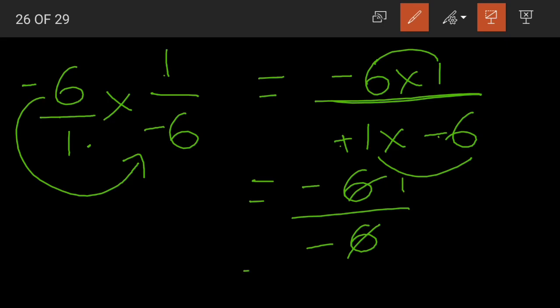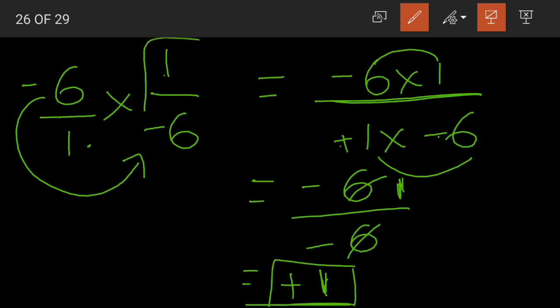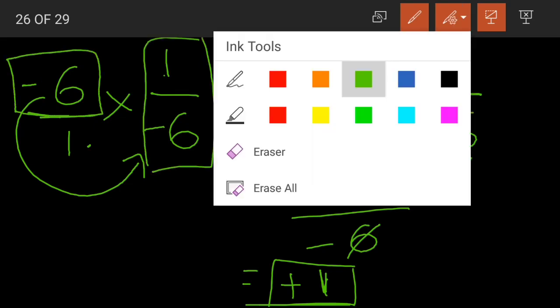Coming to the signs, both the signs are the same, so the answer will be positive. And the quotient here we got is 1. We got 1. So, we can say that 1 by minus 6 is the multiplicative inverse of minus 6.